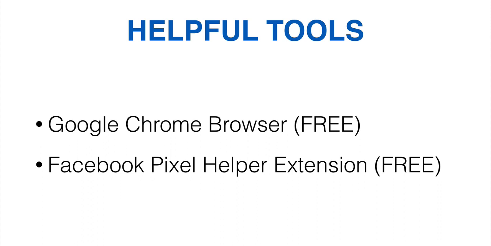So I would make sure you download, it's free, the Google Chrome web browser, and you would also go to install the extension on Google Chrome called the Facebook Pixel Helper. And I'll show you how this is done on a live stream. You don't have to have these two things, but they work very well when you're testing around and you want to verify that you've done your work correctly, and they're free.